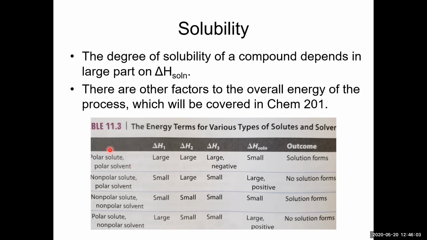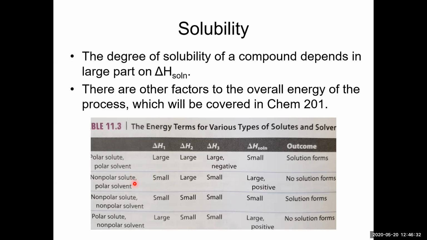When you mix them together and the polar solute and the polar solvent make bonds with each other, that's delta H3, and because they make strong intermolecular forces with each other, delta H3 is large and negative. So the delta H of the solution, if you put all these together, a negative and two positives, ends up being small, positive or negative depending on the size of these, and the solution will form.